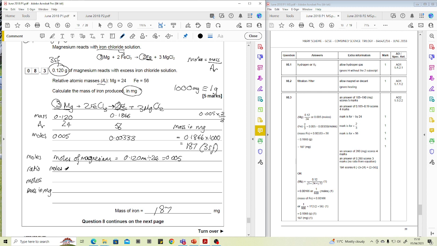Moles of Mg to Fe is 3 to 2, so moles of Fe equals 2 on 3 times 0.005.